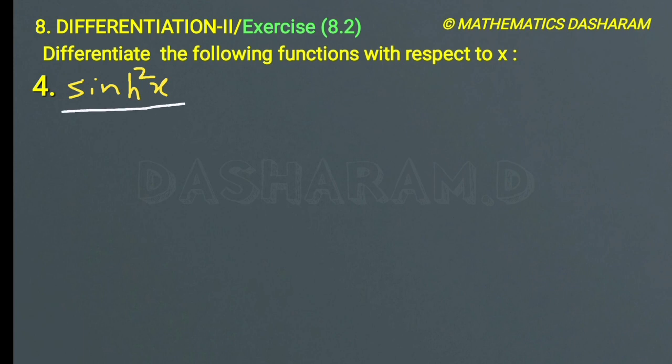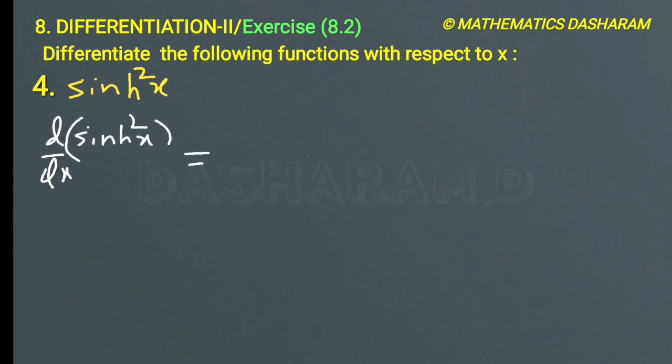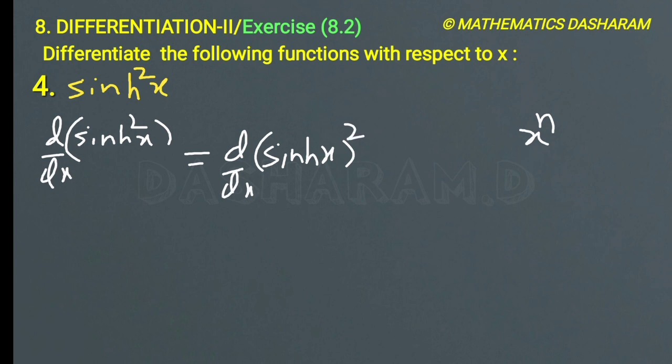Fourth question: sinh square x. So d by dx of sinh square x equals, here apply the derivative of x to the power of n formula. Why? Because here sinh square x means sinh x whole square. The x to the power of n formula is n into x to the power of n minus 1.